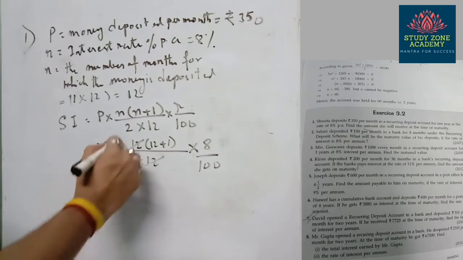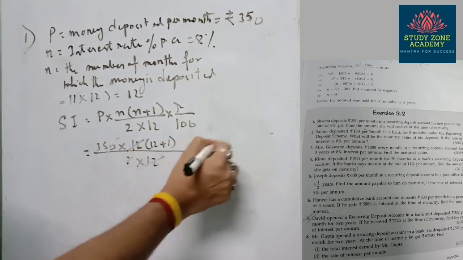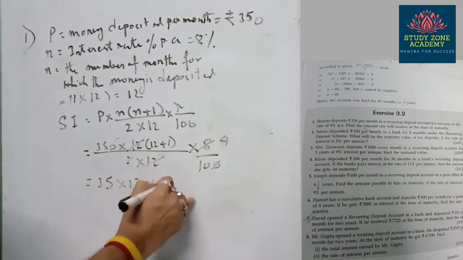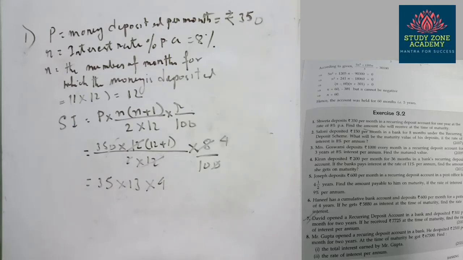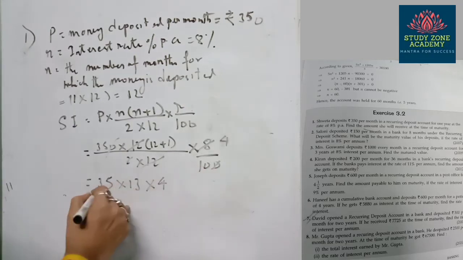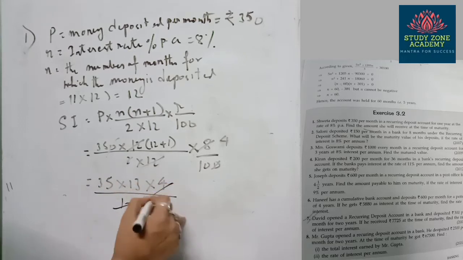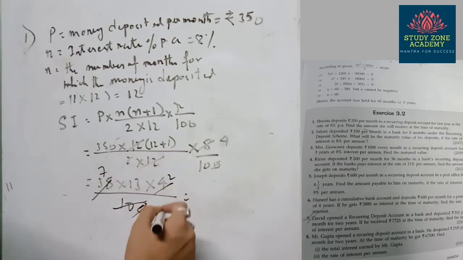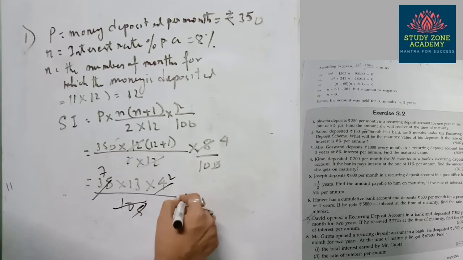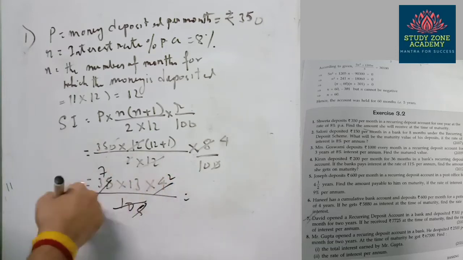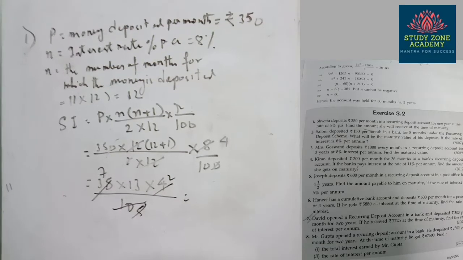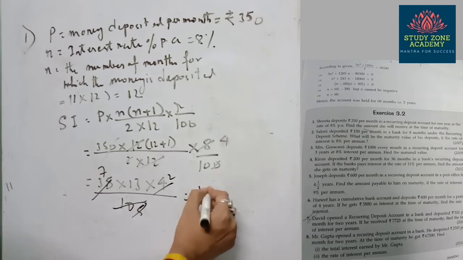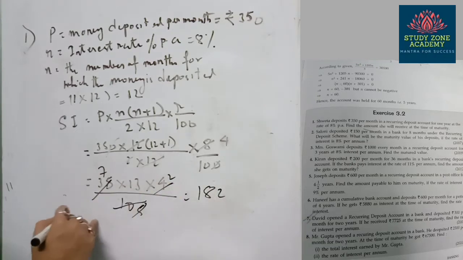Okay, it will be 10, so let me cancel it. It is going to be 5, that's going to be 7. So it will be 14 into 13, which is 182. Fine.